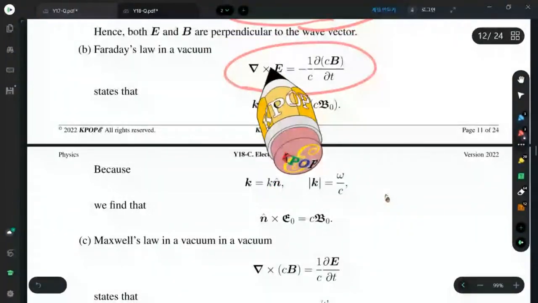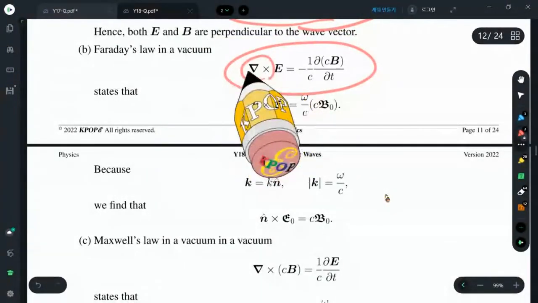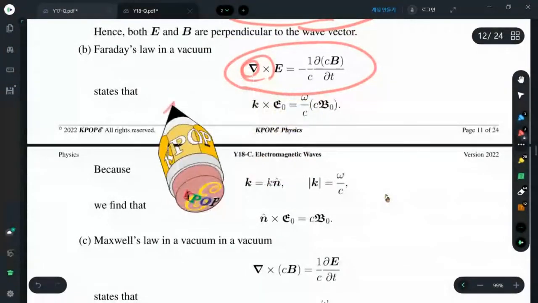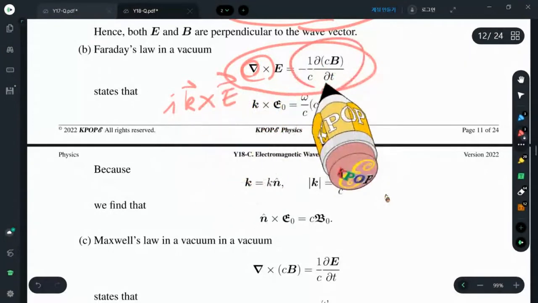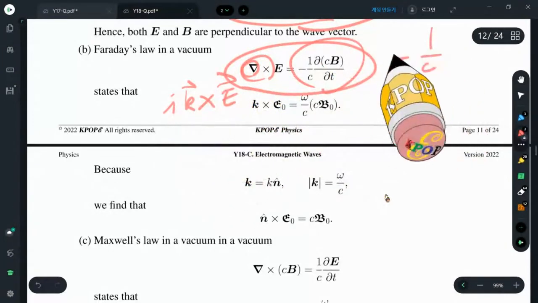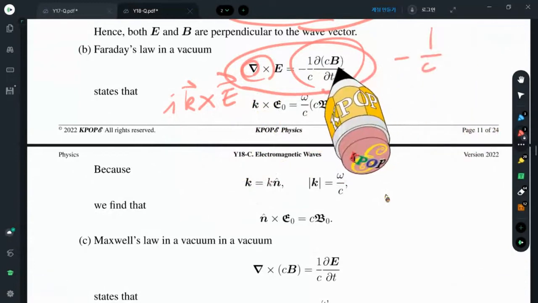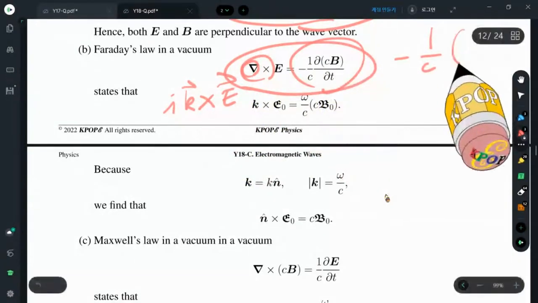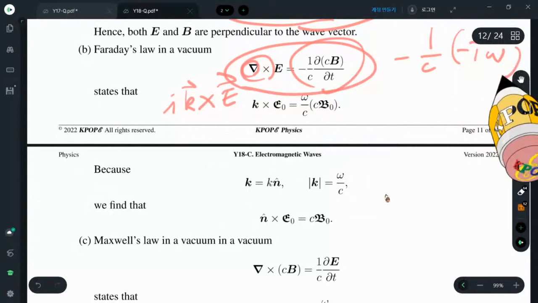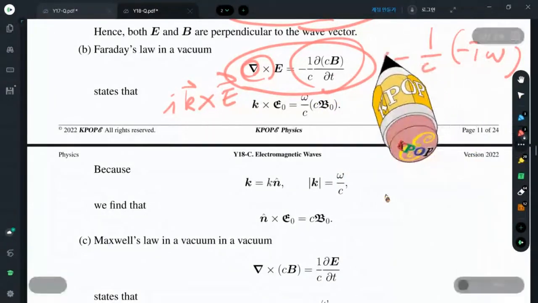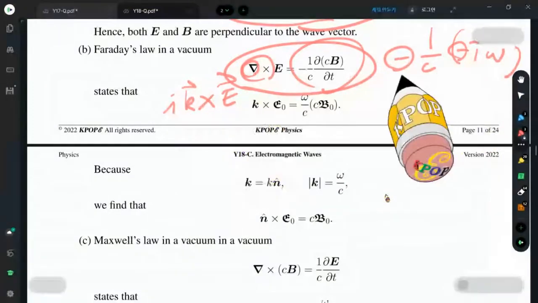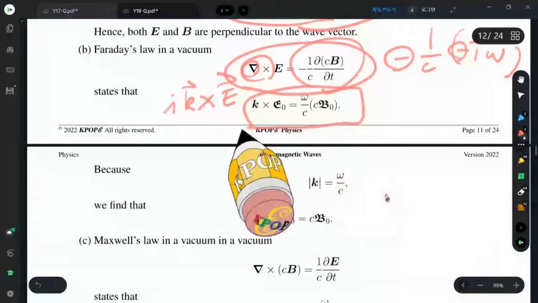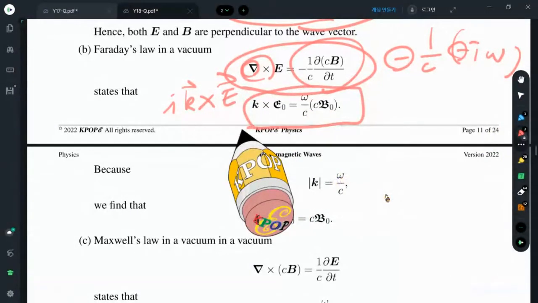Next, we take the curl, that means ik appears in here, ik cross E. And here, minus 1 over c, and the time derivative will give minus i omega. So this minus minus becomes a plus, and i cancels. So we end up with this relation.